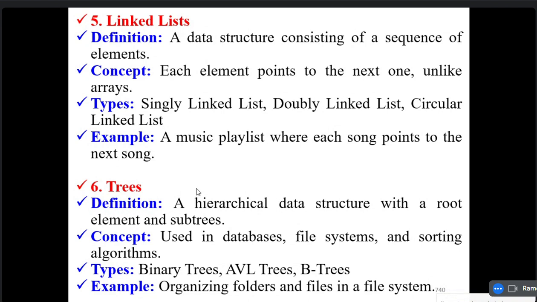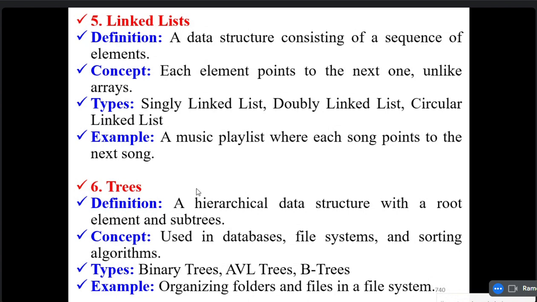For efficient storage, retrieval and insertion, we use B trees. All the leaf nodes are at the same level, and it has to satisfy the property of a BST, binary search tree.